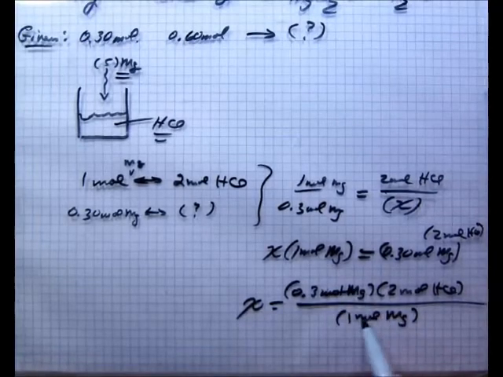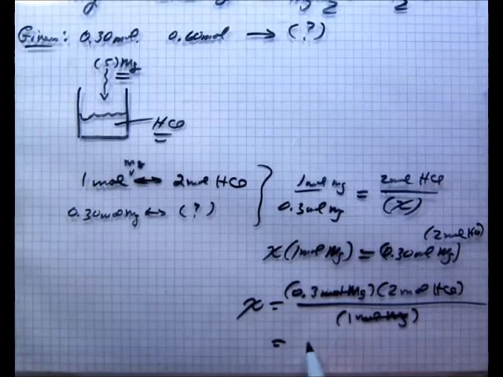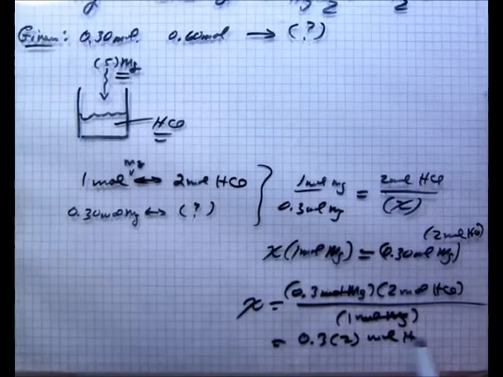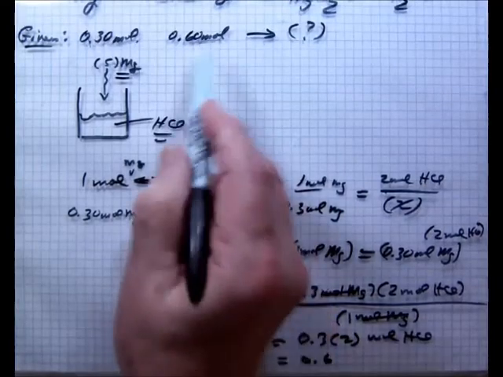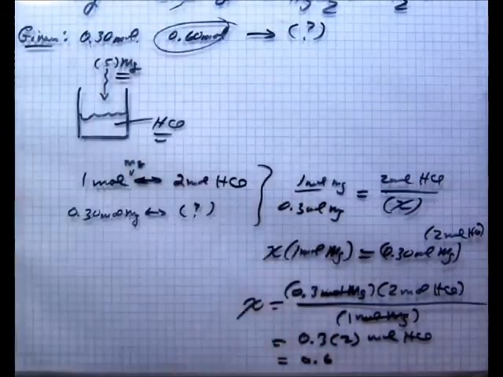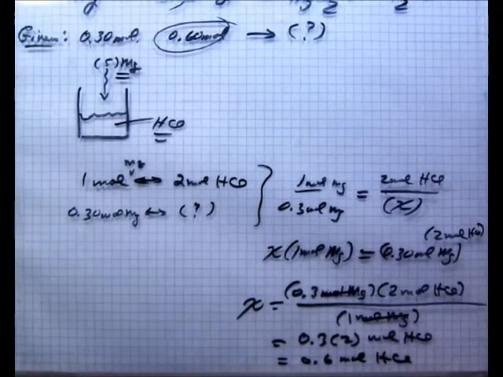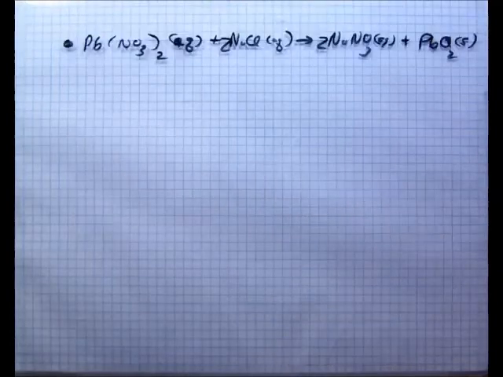So moles of magnesium drops out, and the only units I'm left with is moles of HCl, which is 0.3 times 2 moles HCl that you reacted with, or 0.6. And so that's what I'm trying to tell you. It's proportional. And we can relate that back to the equation, just like if you're working in moles. Okay? There's your equation.